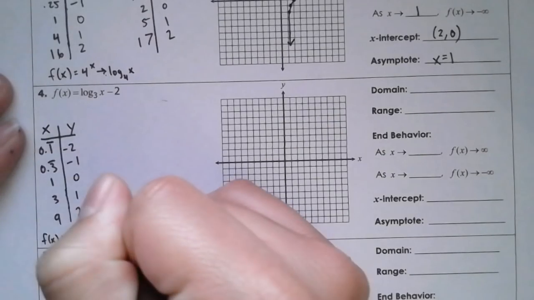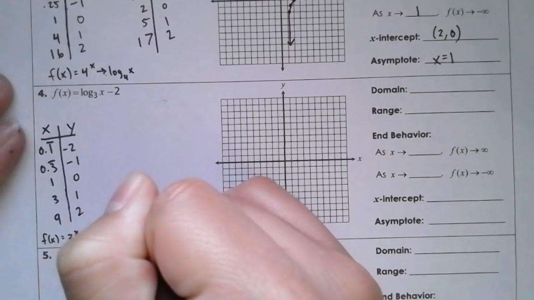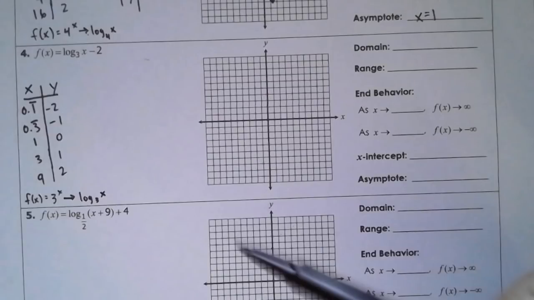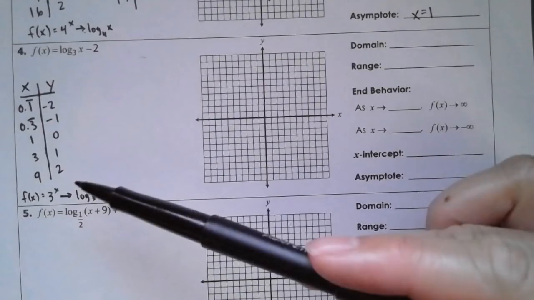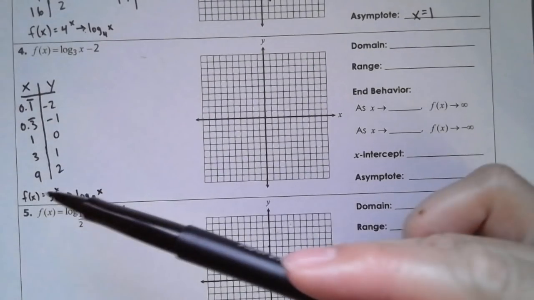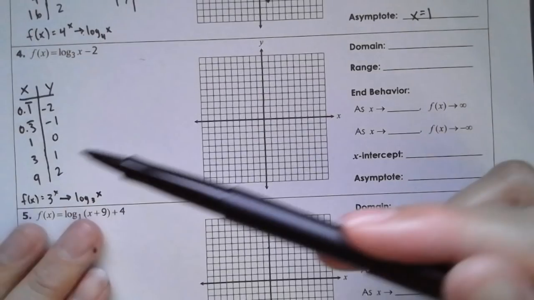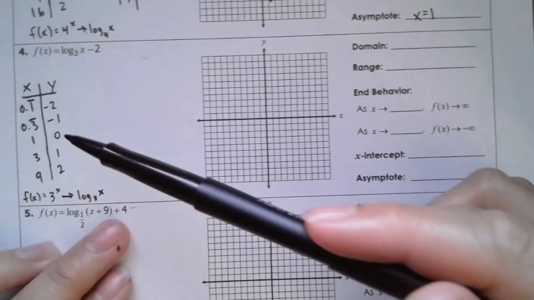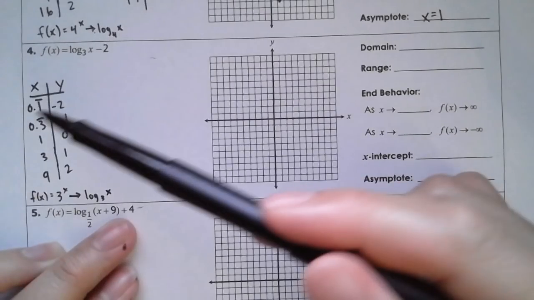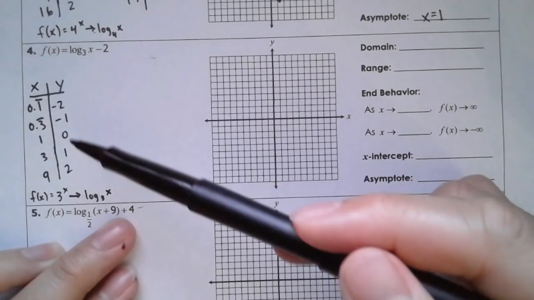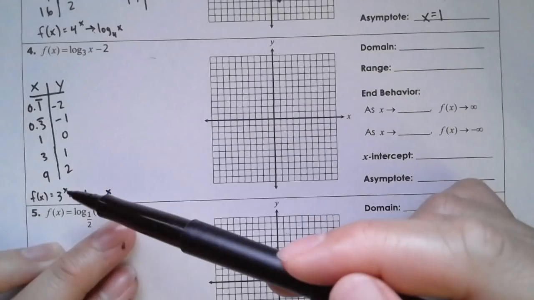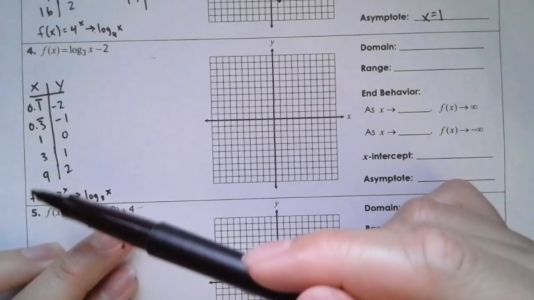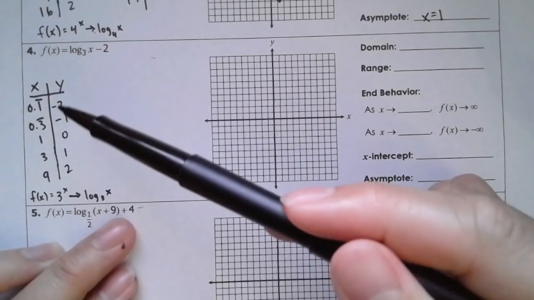And again, not to confuse any students, this table represents log base 3 of x, but the table that would precede this one, when these were my x values, I would plug into here, and then these would be the y values I get from this. Then when I switch the x's and y's, I get the table for this one.